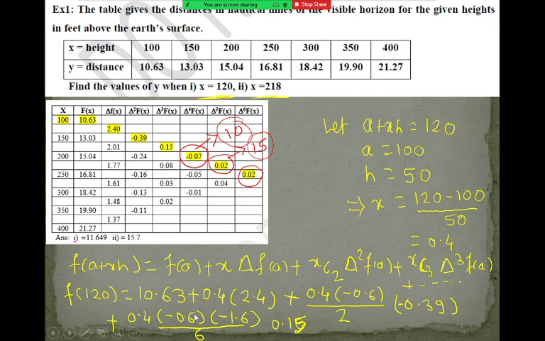Can you do this calculation up to delta cube on the calculator and check what the answer should be? Is there anyone who has done that calculation? I'm asking you to calculate 10.63 plus 0.4 into 2.4 plus so on.